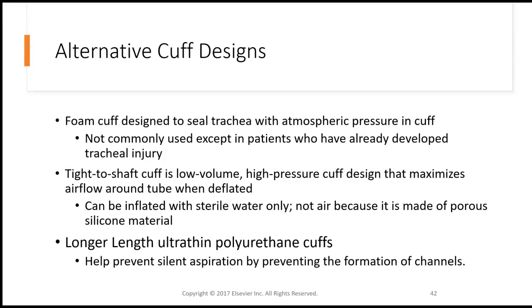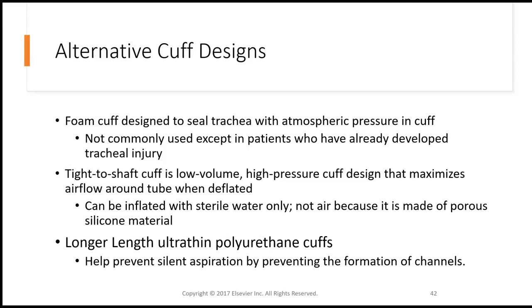These tight to shaft cuffs of low volume, high pressure design are designed to minimize any obstruction or increase in airway resistance that the device is causing in the airway. Tight to shaft means the cuff is kind of skinny and narrow. You can't put a lot of volume into the cuff, but it's going to generate a lot of pressure against the airway.